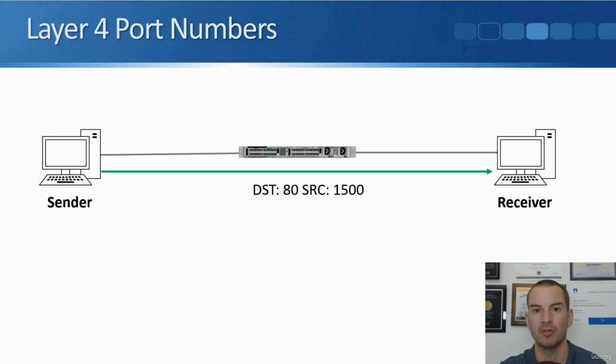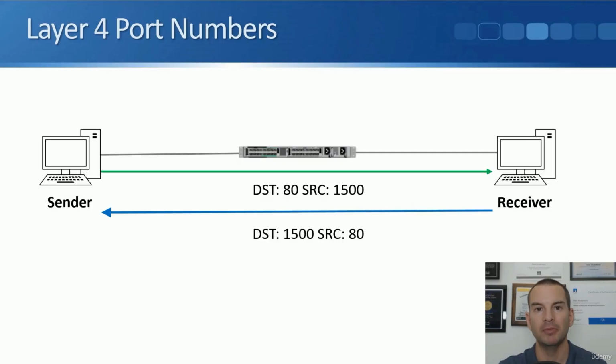In our example, it's using source port 1500. So we've got a connection between the sender and the receiver. When the receiver sends traffic back, it will flip the source and destination port numbers around. So it will use port 80 as its source now, and the destination will be port number 1500.